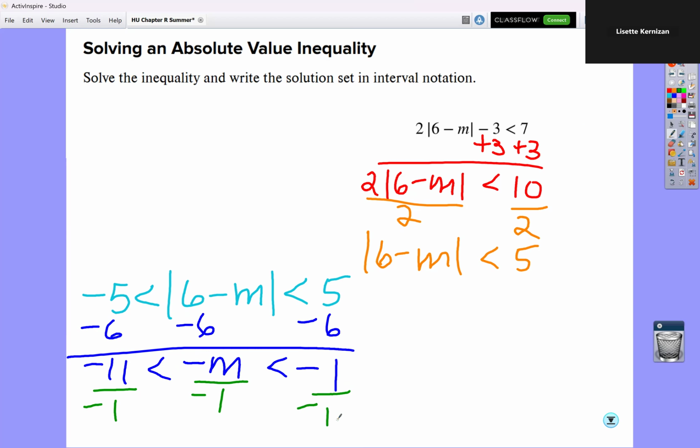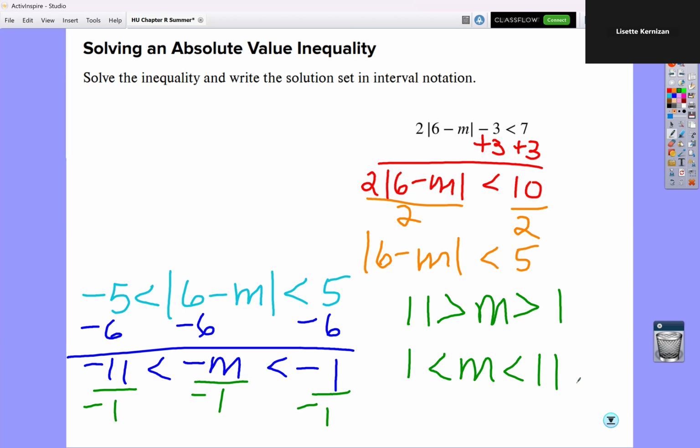A negative divided by a negative is a positive. And then remember, whenever you're dividing by a negative, you must flip the sign. So 11 is greater than m, greater than positive 1. All right, so if we want to flip this so that it is going in numerical order, we're going from 1 to m to 11.